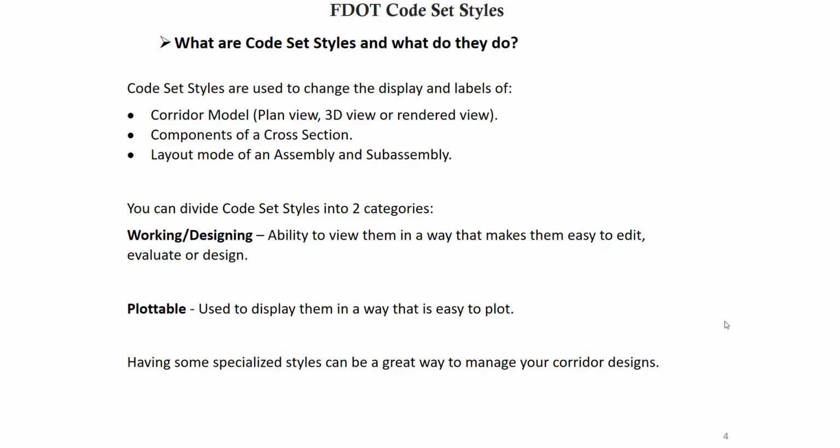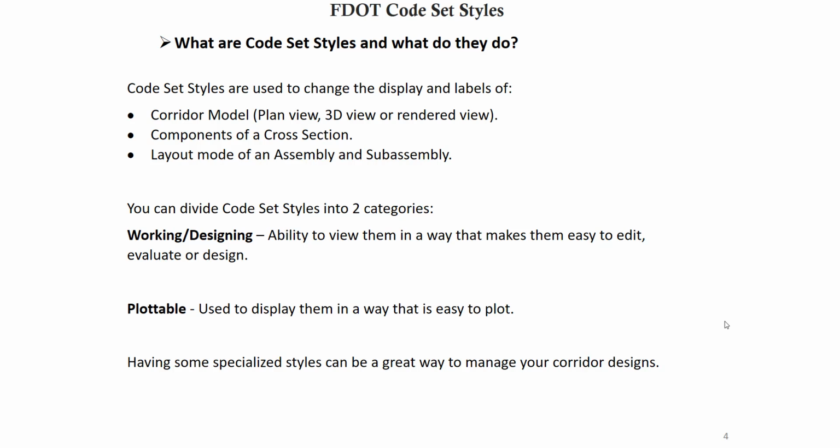And I like to think of dividing code set styles into two different categories. You have your working or designing category, and this is the code set style that gives you the ability to view your corridor or the object that you're working with in a manner that's easy for you to edit, evaluate, or design.